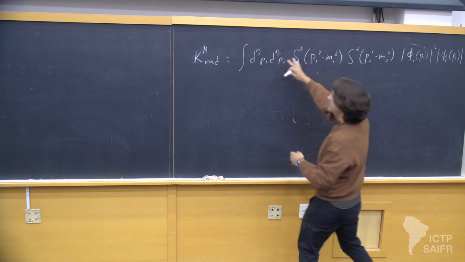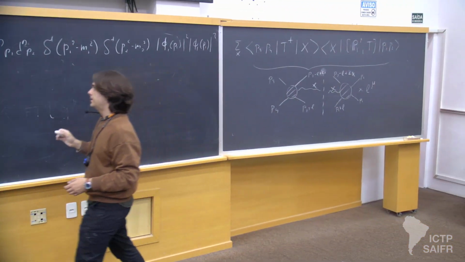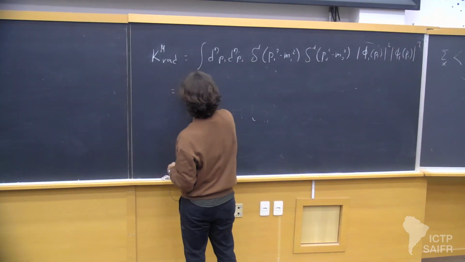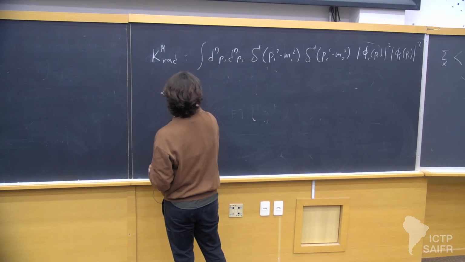So I will still have this classical expectation value. And then I'll have, again, the Fourier transform.